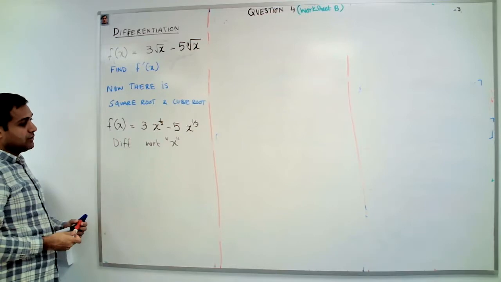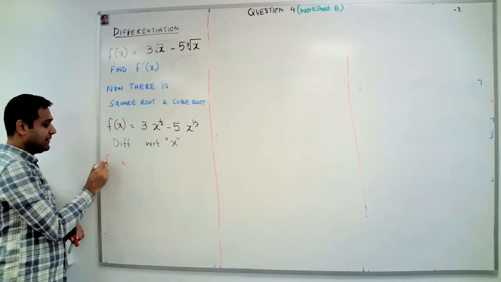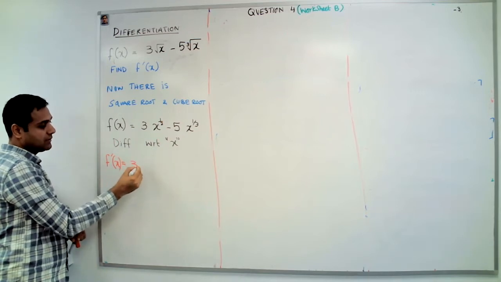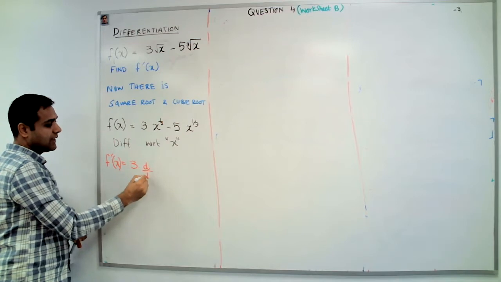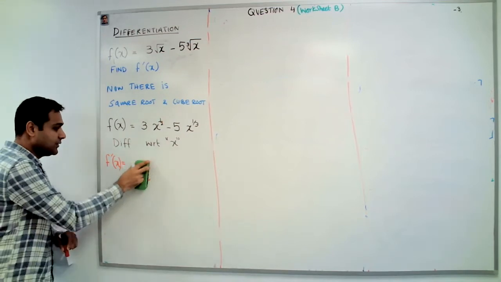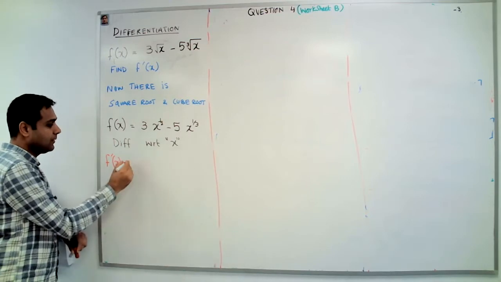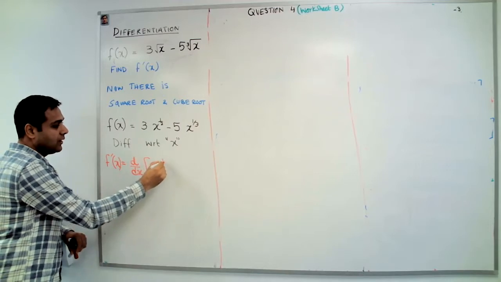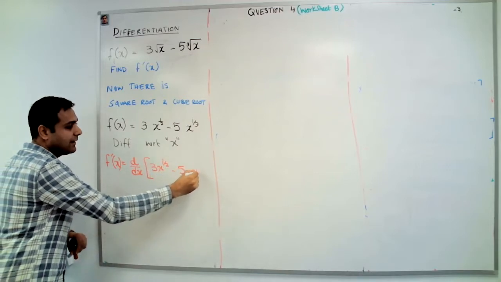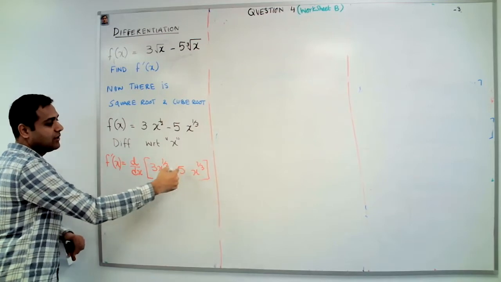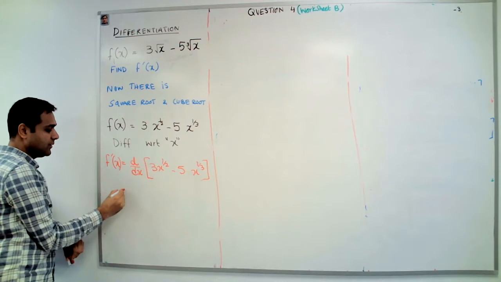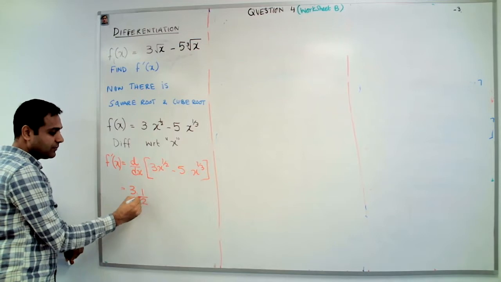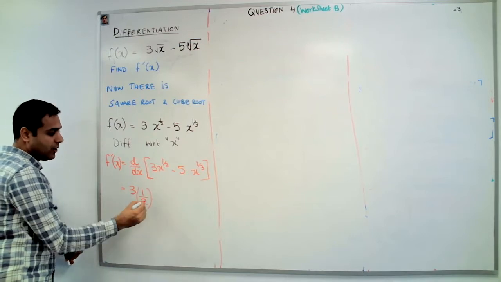And then you just do the normal. So that becomes f dash x. And here the 3 comes out. You're going to do d over dx. Actually, let me do one step and then I can do it straight away. So d over dx of 3 x to the half minus 5 x to the 1 over 3. This 1 over 3 is just on the x, it's not on the 5. This 1 over 2 is just on the x. So to do that one, 3 is here, the power comes out, reduce the power by 1.